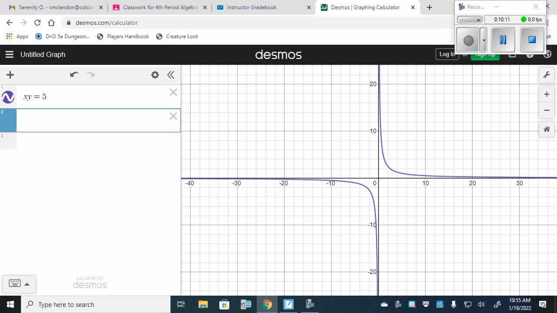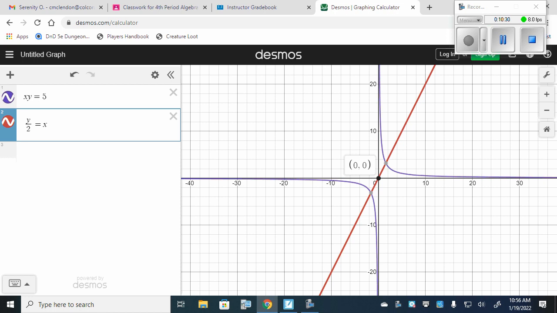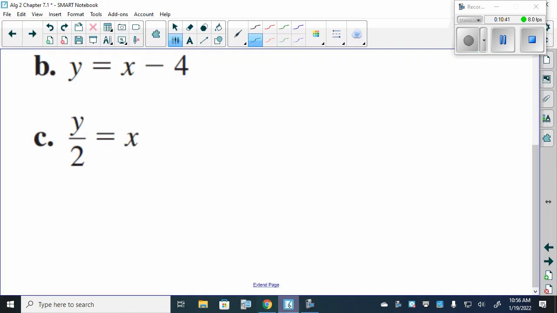So let's look at doing y divided by 2, is what we have, yes? And this here is equal to what? That's a straight line, yes? So as x increases, y is increasing in this direction, yes? And as x decreases, y is decreasing. What would that be? Direct variation, yes? So let's look at it numerically.